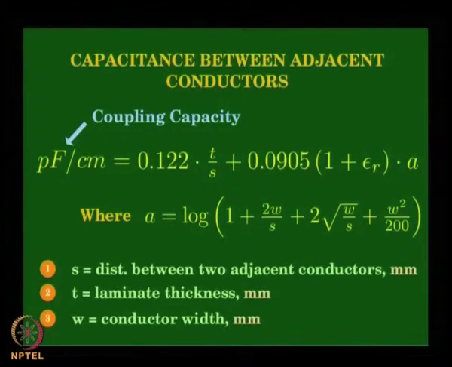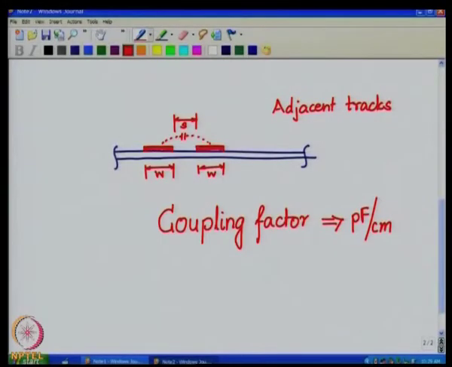It may be tough for you to find out the relationship just by looking at this equation. So, it is advisable that you put it into a program and try to get a nomograph which will give you an idea of how the capacitance varies with width and space and any other variable. So, what we shall do now is do some calculations to get an idea on the numbers. So, for this let us go back to our whiteboard.